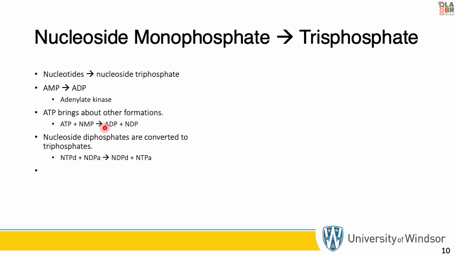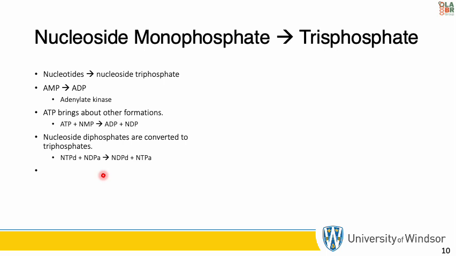We also have nucleoside diphosphates converted to triphosphates by the action of a ubiquitous enzyme called nucleoside diphosphate kinase, which catalyzes the reaction NTPD plus NDPA gets you NDPD plus NTPA.